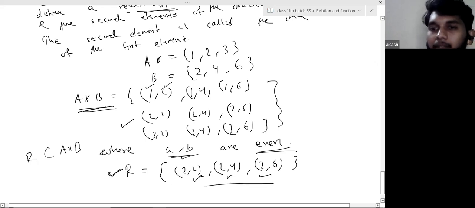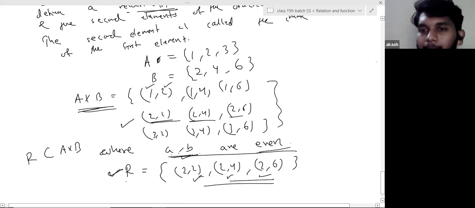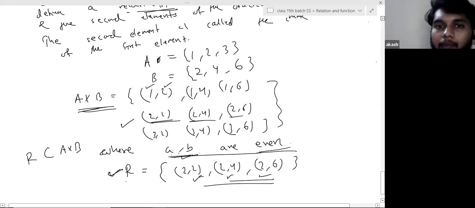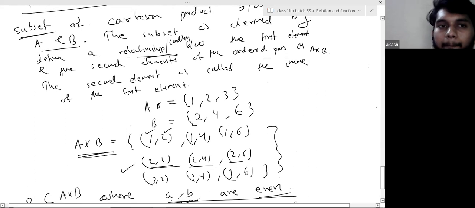We saw a condition between A and B, and these elements satisfy the condition that A and B both are even. So we wrote R as this set. This is clear, everyone? Yes. All right, so please note it down. I'll give you more examples then.